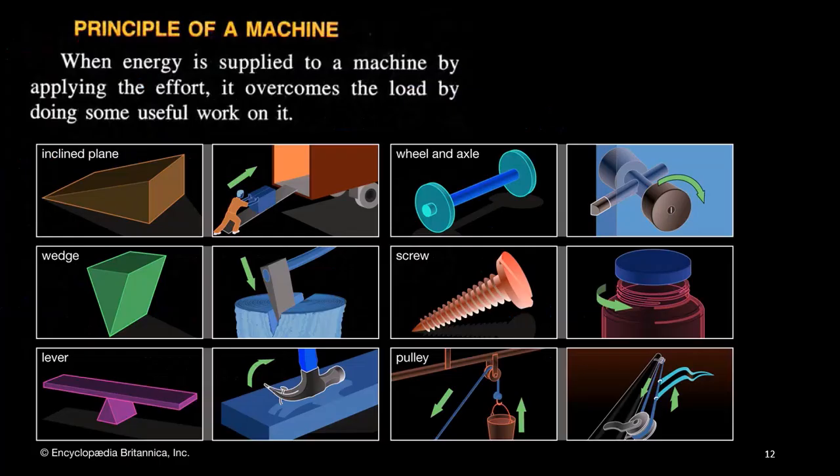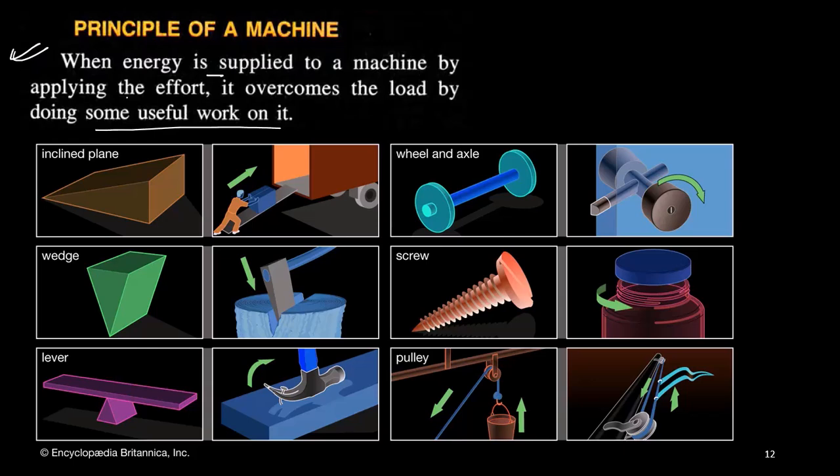Now, when energy is supplied to a machine by applying the effort, it overcomes the load by doing some useful work. Every machine should work on this principle. Whenever I apply a force as effort, that effort is doing some kind of work because there is displacement of the effort, and correspondingly the load also moves and does some work.